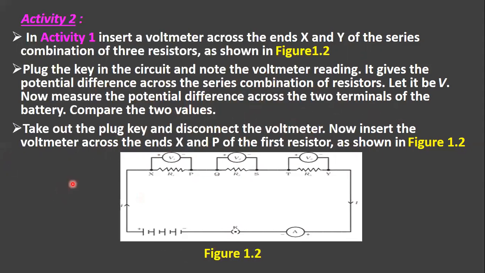Now insert the voltmeter across the ends X and P of the first resistor as shown in the figure.